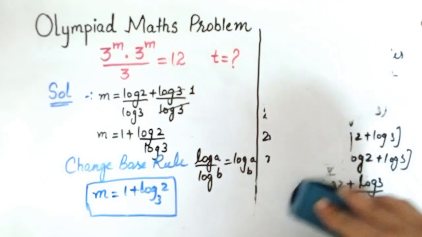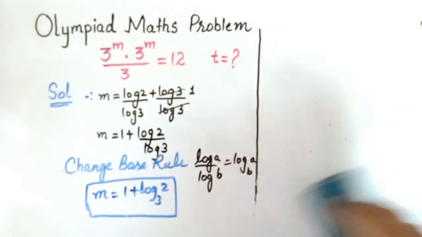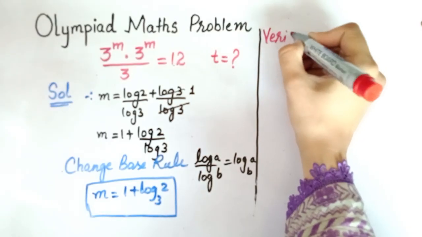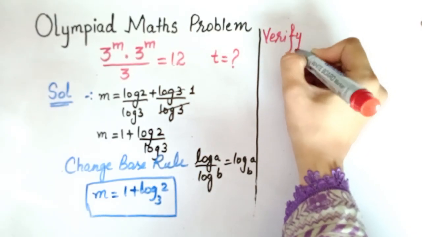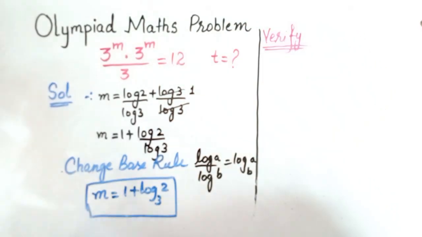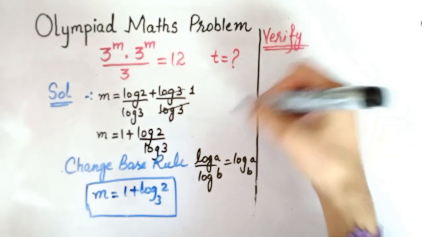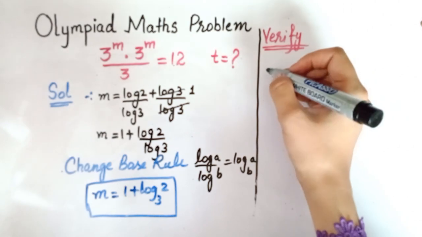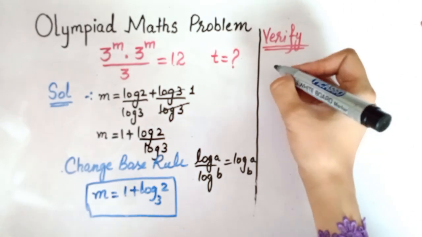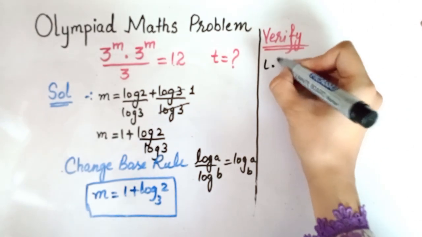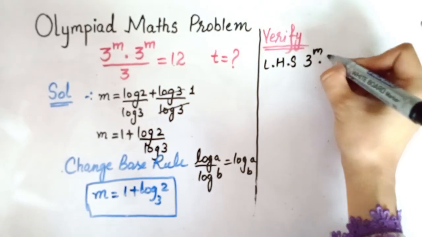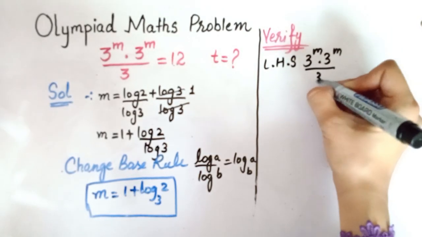Now we will do the verification, whether our answer is correct or not. So verify this as we will substitute in the left hand side and check our answer is correct. So in the left hand side we have 3 raised to power m into m divided by 3.